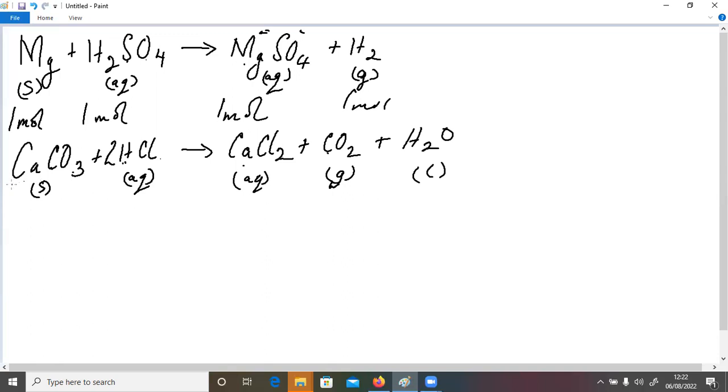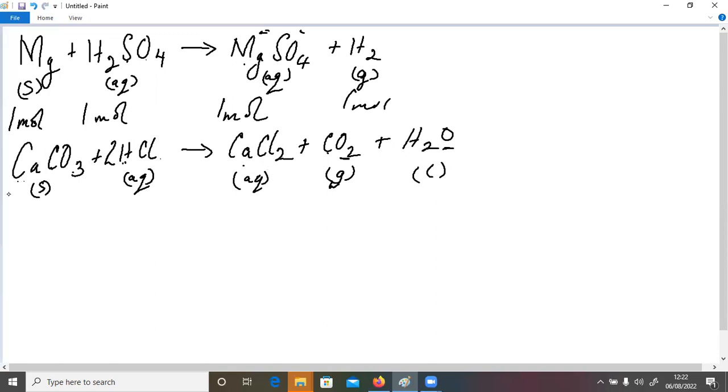So again, one calcium, one carbon, one carbon, 3 oxygens, 2 oxygens there and 1 oxygen there. Then 2 hydrogens, 2 hydrogens, and 2 chlorines, 2 chlorines. So it is balanced.